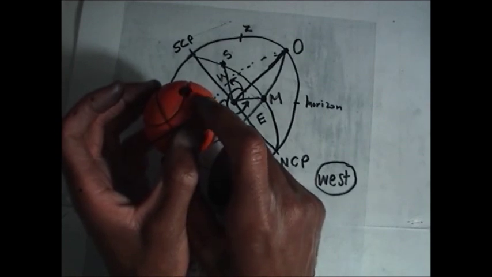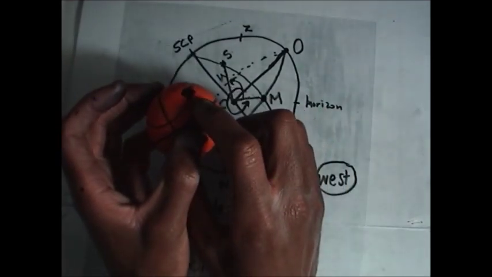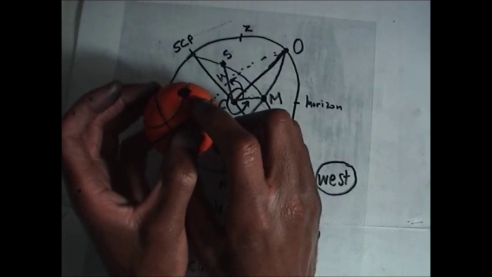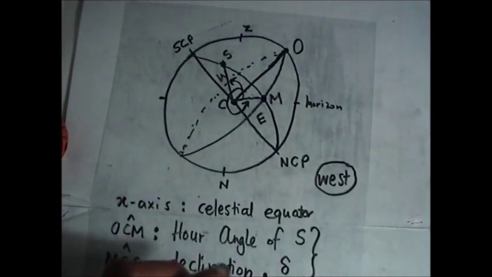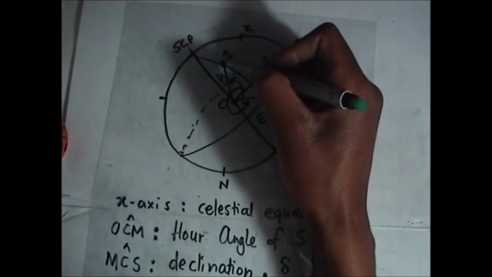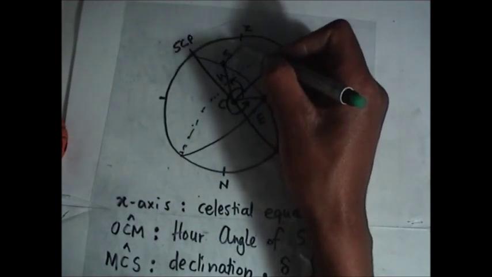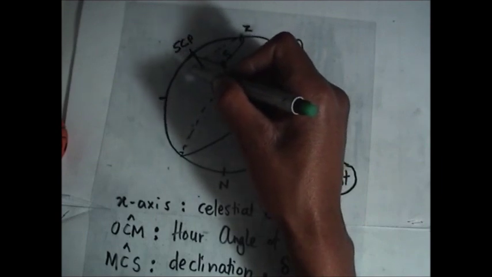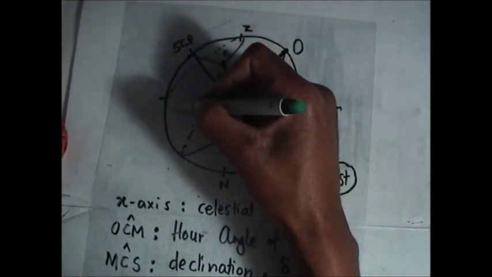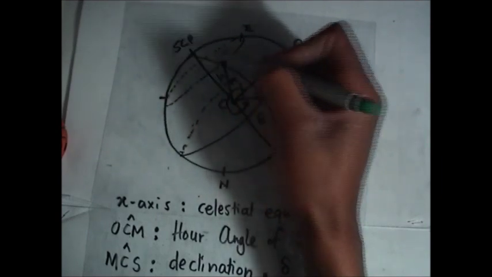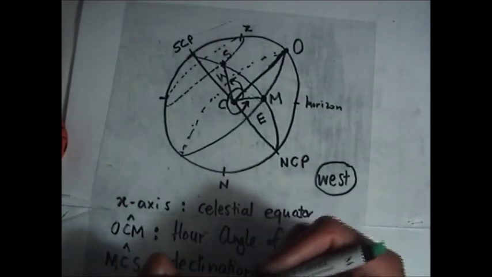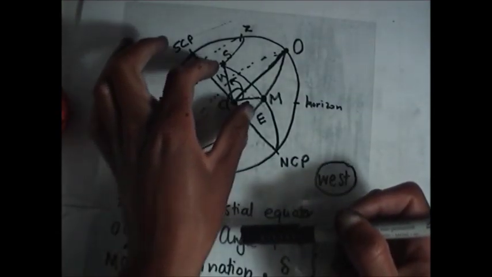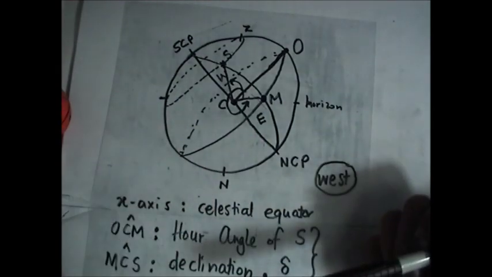Let me say height. Its height above the what? Above the celestial equator. So basically what I mean is this star is going to rotate in such a way that it is always the same height above the what? Above the celestial equator. It is always the same height above the celestial equator, but it's not exactly height.